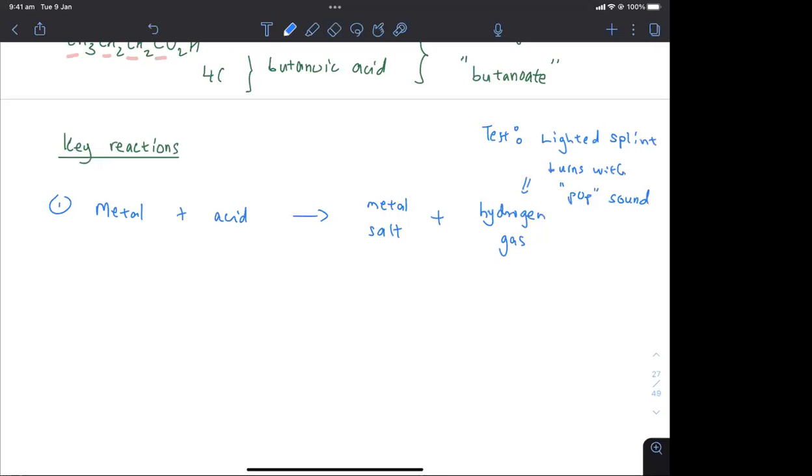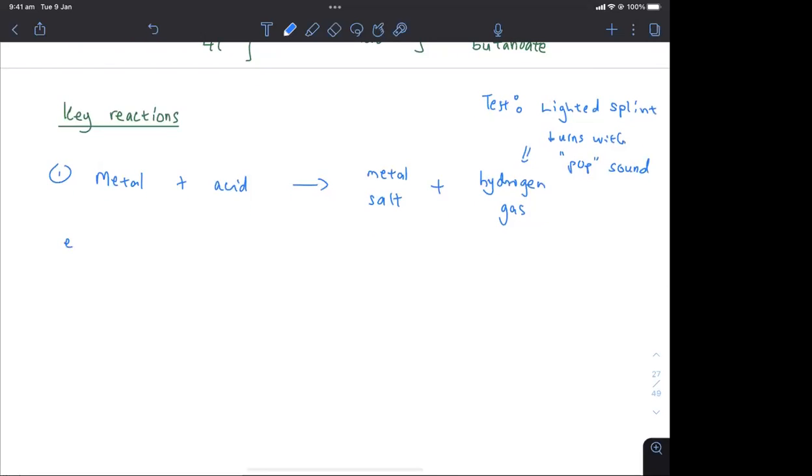Yes. Okay, so I hope all of you have heard the pop sound before. Very obvious, yeah? Okay, so what happened then is, if I use zinc, if I use hydrochloric acid, what is the name of the metal salt that I will get? What do you think, Africa? What's the name of the metal salt? Zinc plus hydrochloric acid. Yes, Africa? So look at the acid first, and therefore think about the salt that you're going to get.